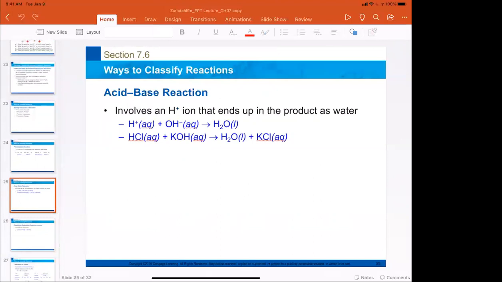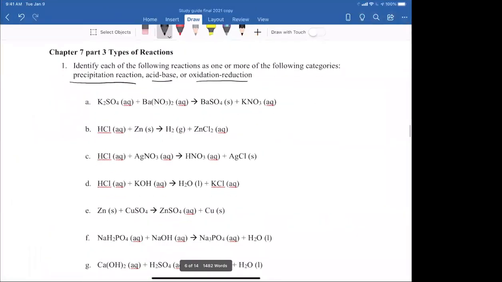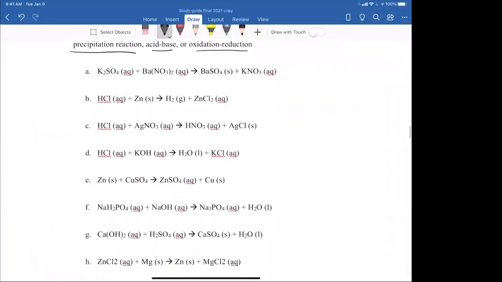For example, this reaction right here: HCl plus KOH gives you water plus KCl. So if we look through this, D right here would be a strong acid and a strong base, an acid-base reaction, because we form water.